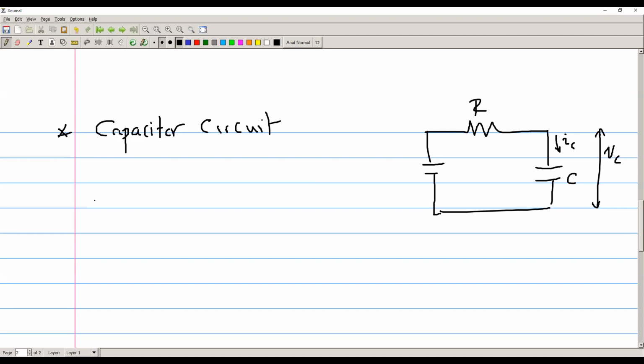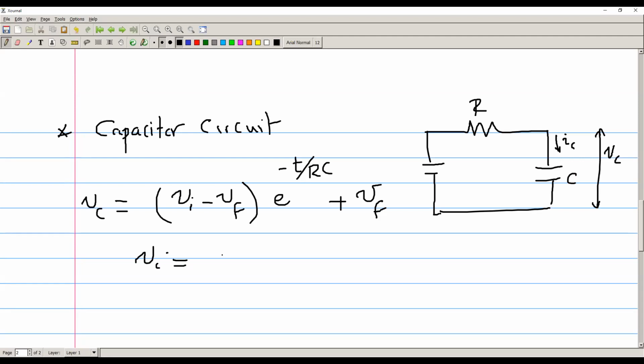Let's consider the voltage. VC is equal to V initial minus V final, times e to the minus t over RC, plus V final. V initial is equal to VC at 0.